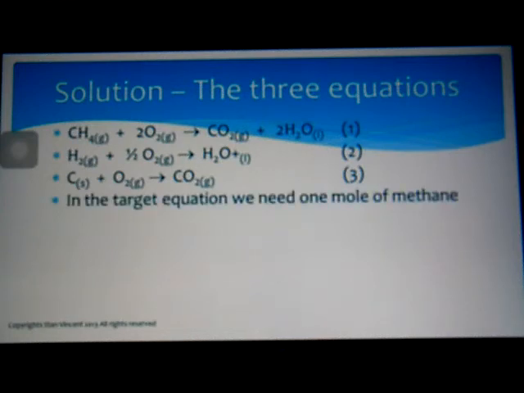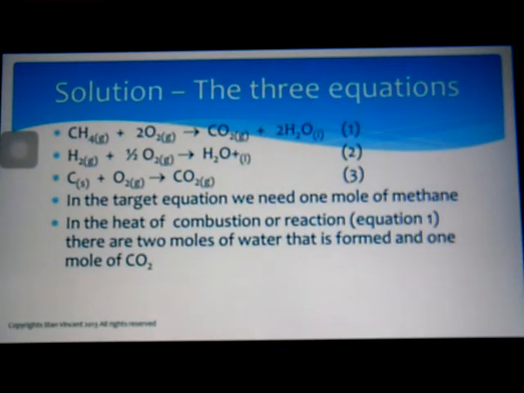Now in the target equation, we need 1 mole of methane. And we have to use these 3 equations so that we can obtain the required target equation when we add the 3 equations together. Notice that in the enthalpy of combustion, that is equation number 1, when complete combustion takes place, 1 mole of carbon dioxide is formed and 2 moles of water is formed.